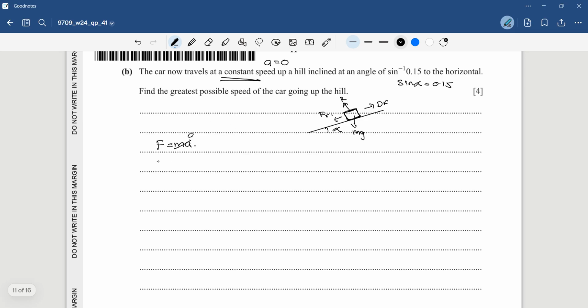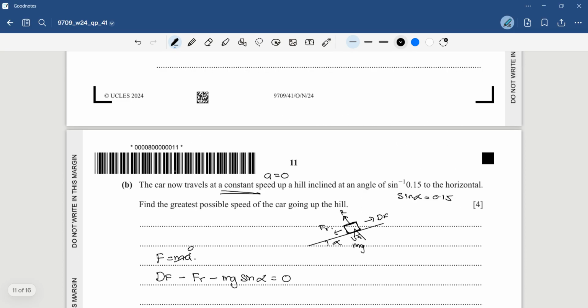So my net force, I need to resolve this. Here is my alpha. Since the object is moving forward, driving force minus frictional force minus mg sine alpha is equivalent to 0.